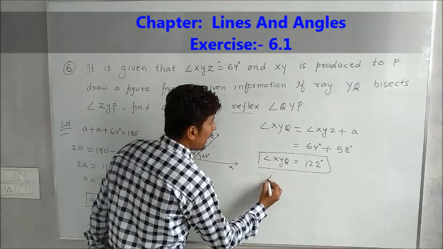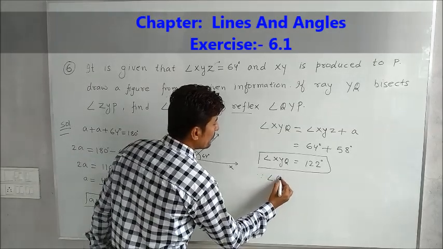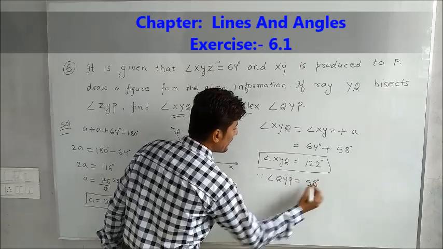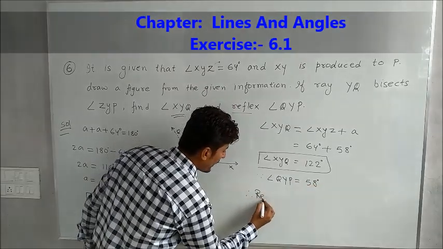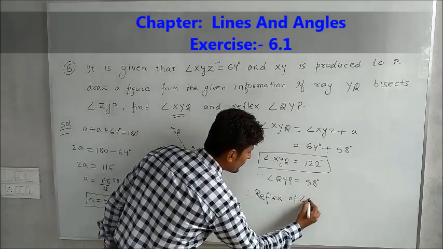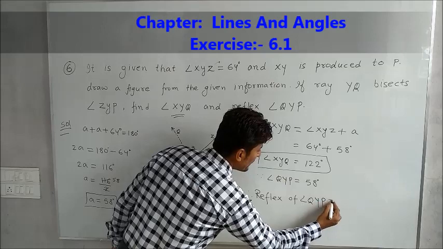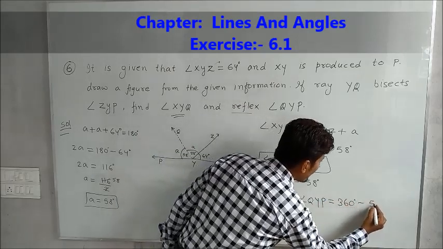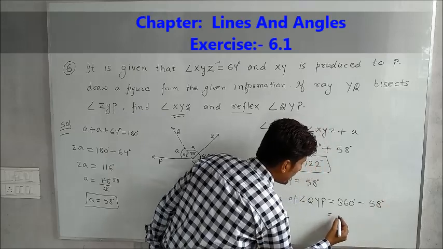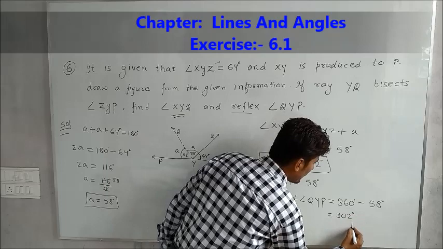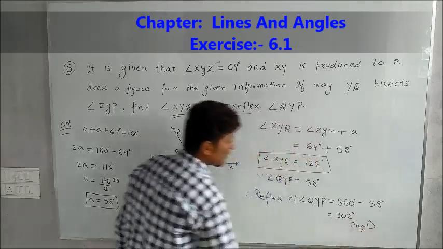Since angle QYP is equal to 58 degrees, the reflex of angle QYP is equal to 360 degrees minus 58 degrees. So we can write 302 degrees. This is the final solution of this question.